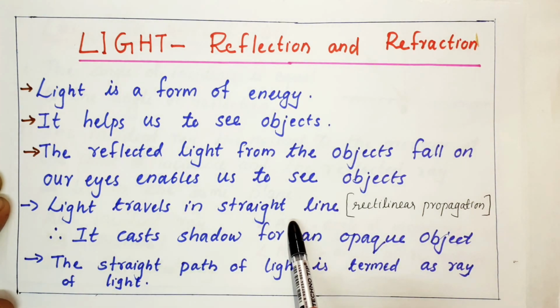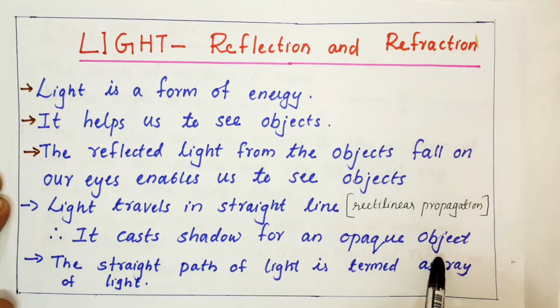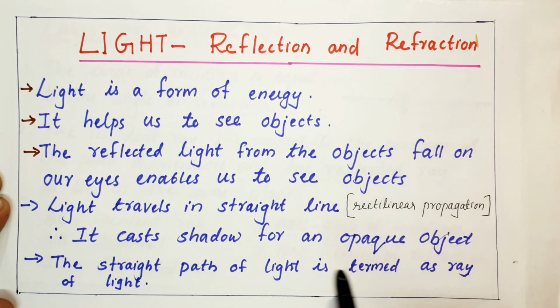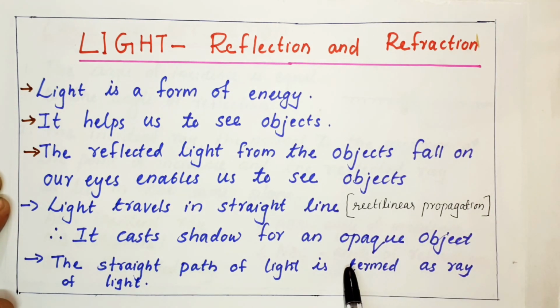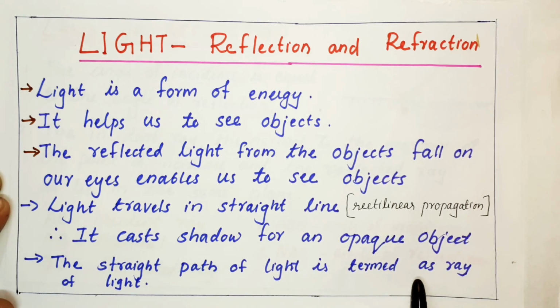The propagation of light in a straight line is termed rectilinear propagation. Another main property of light is that it casts a shadow for an opaque object.